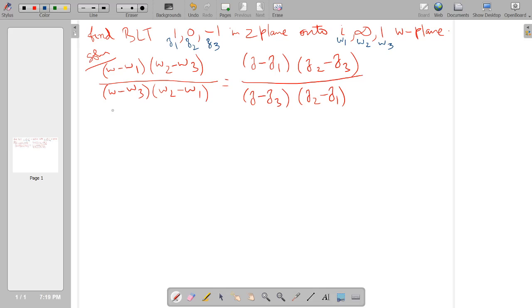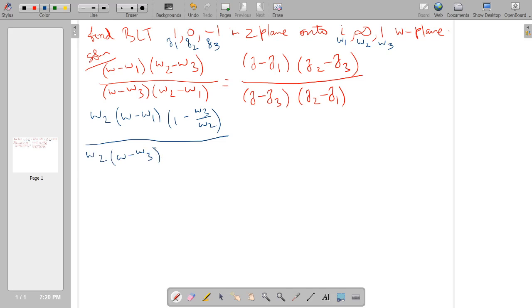So I will make a suitable adjustment here. I will remove W2 as a common factor in the numerator. That will give you 1 minus W3 by W2. Similarly, I will also remove W2 as a common factor in the denominator.